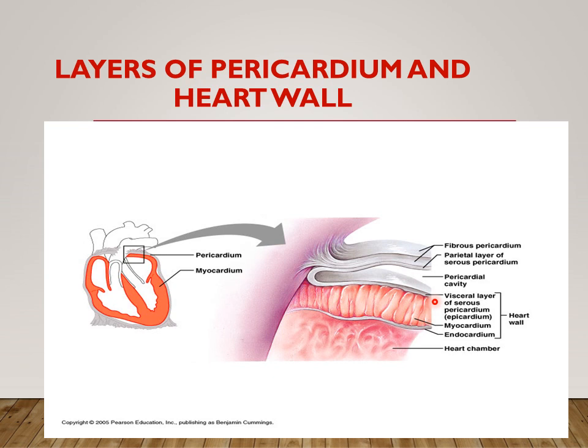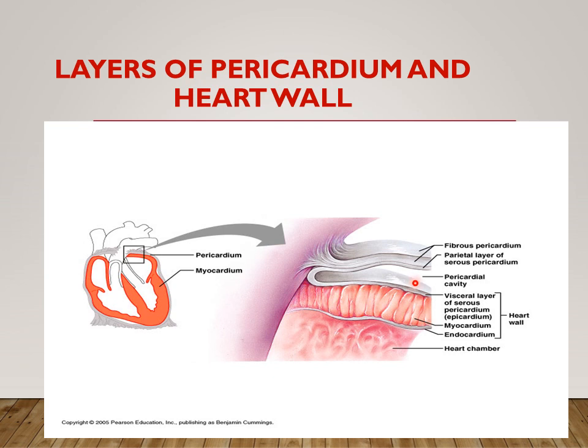So that visceral layer of serous pericardium, having simple squamous epithelium, makes up the epicardium of the heart. So from outer to inner side, you have the epicardium, myocardium, and the endocardium of the heart.